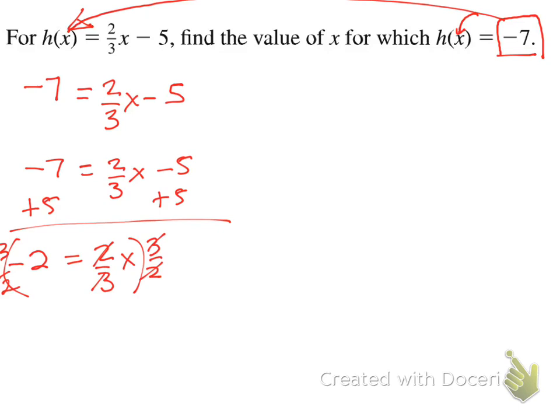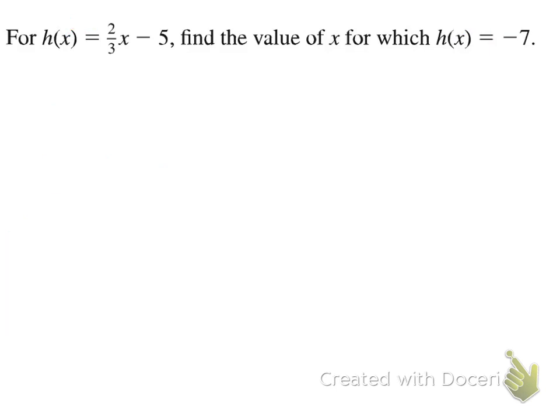This will cancel. I'm left with -1 times 3 is -3 equals x. So my input is -3 when my output is -7. Did that make sense? Do you understand the difference? Yes? Okay.